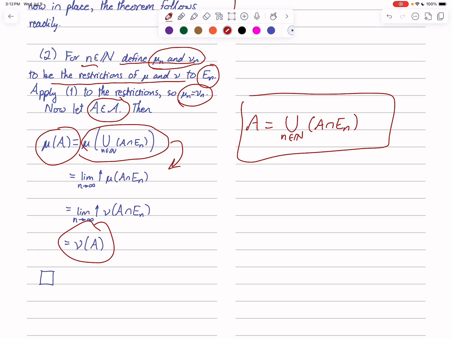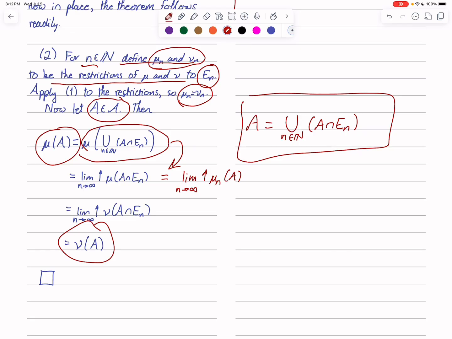We get this limit of the measure mu on A intersect E n. I should remark that this is in fact the same thing as the limit as n goes to infinity of the monotonically increasing sequence mu n of A.